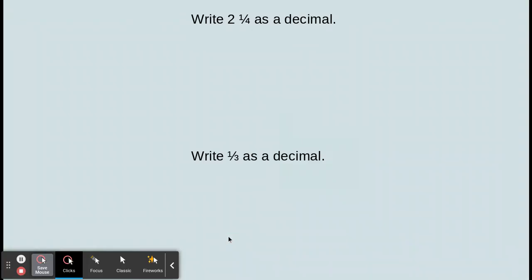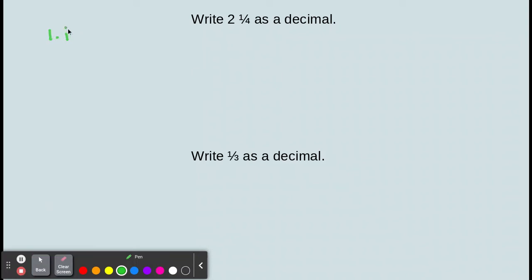All right, so you have the 3 practice problems, and the first one we want to write 2 1/4 as a decimal. We know that this is a mixed number, so the first step is to change it into an improper fraction, and we do that by multiplying the whole number and the denominator and adding that to the numerator, and keeping that all over our original denominator.